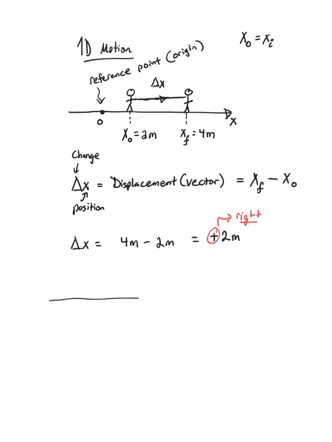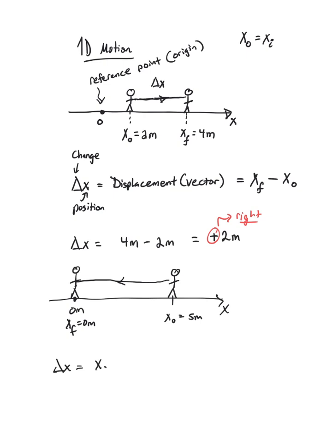Now, suppose a person is moving to the left. Let's say at time equal to 0, they start at 5 meters, and after some time has elapsed, they end up at position x final of 0 meters. What would the displacement be in this case? Position final minus position initial.